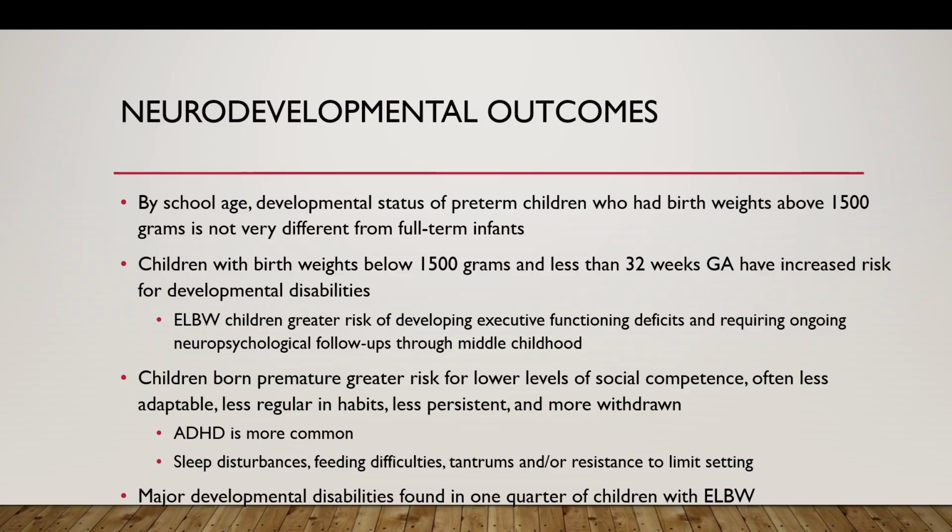They often may be less adaptable, less regular in habits, less persistent, and more withdrawn. ADHD is more common in children who are born premature, as well as sleep disturbances, feeding difficulties, tantrums, or resistance to limit settings. Major developmental disabilities is found in 1/4 of children with an extremely low birth weight.